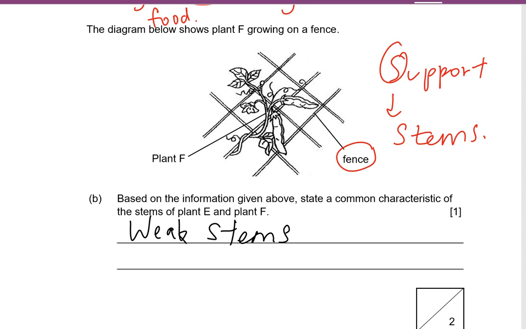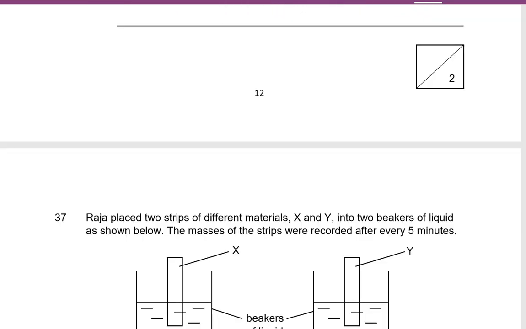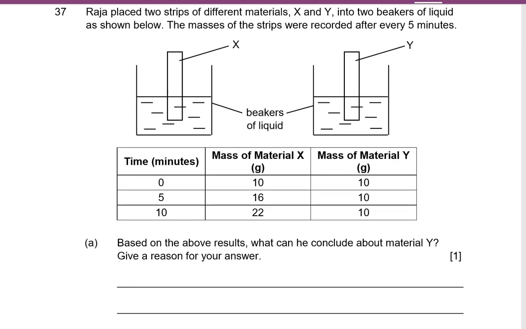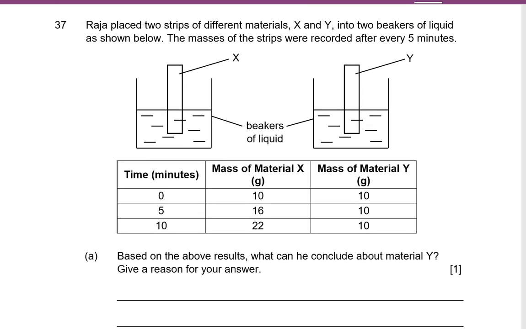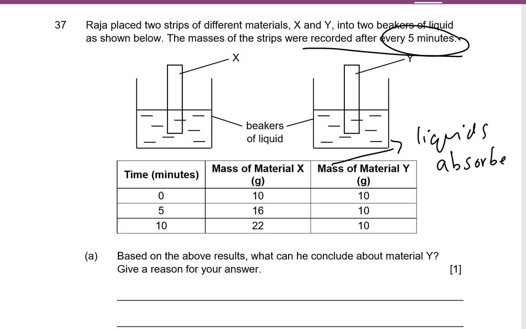We're going to move on to 37. Now 37, you have two different materials, and you notice that we place them and you record their mass after every 5 minutes. So it seems that the reason why mass can increase is because the liquids were absorbed. Right? Precisely because they are being absorbed, that's why the mass can become heavier.